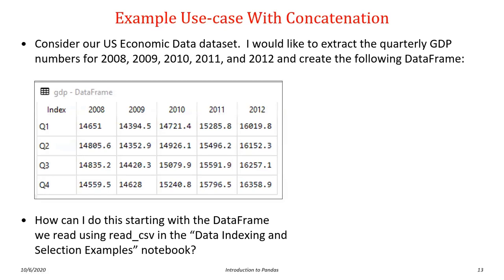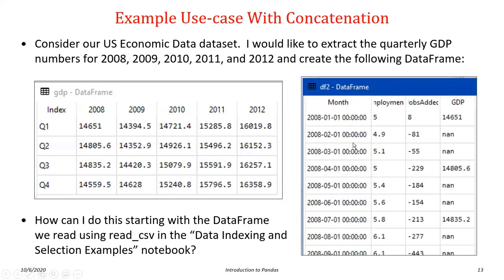My question for my use case is, how can I do this starting with the data frame that we created using read CSV? So the one that we just went over where we use read CSV, the data frame DF2. I think I printed that out here. So here was DF2 from our Jupyter notebook, where we specified that column 0 was my index and I wanted it to parse dates.